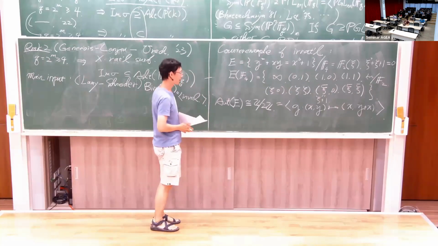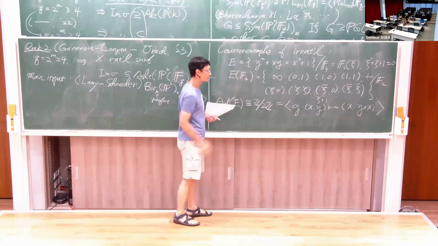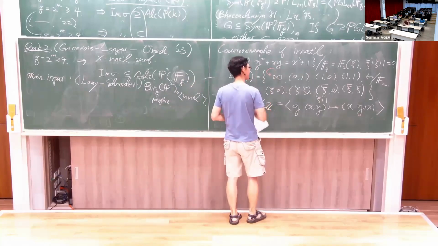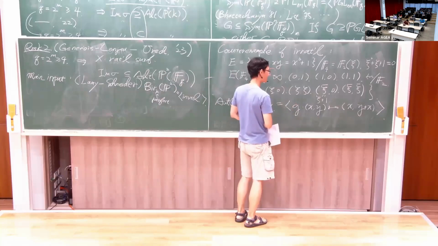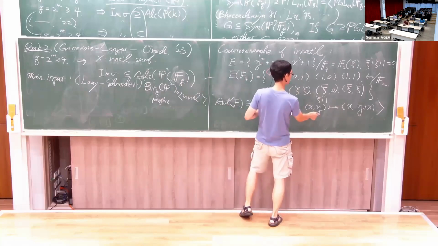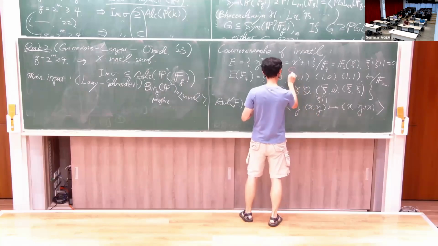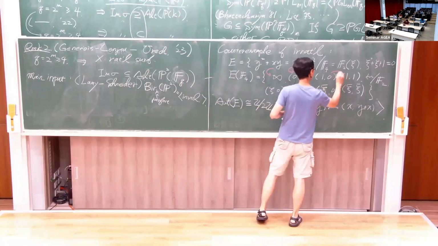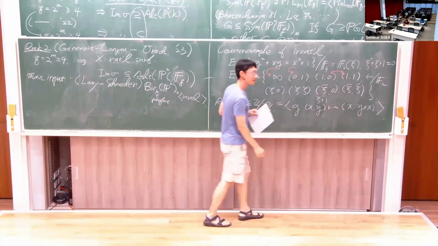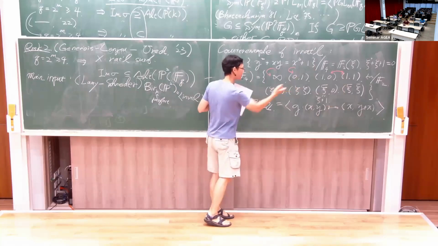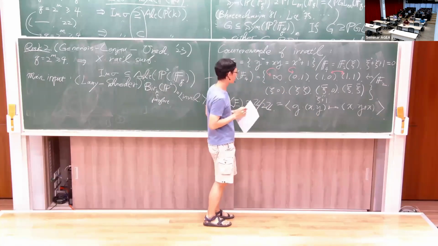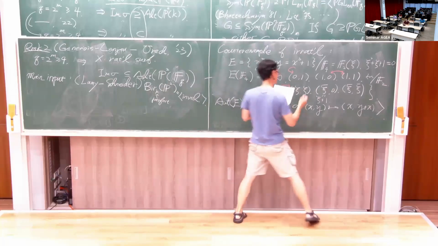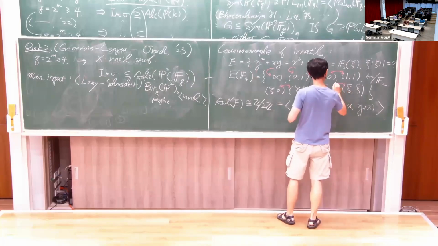Okay, and if you plug in these points, for example, infinity will still be infinity, it's fixed. (0, 1) is mapped to (0, 1), so it's still fixed. (1, 0) is mapped to (1, 1), and (1, 1) is mapped back. And you can do the same thing for all the others with slightly more complicated computation. And you will see that it permutes these 2 points, and it permutes these 2 points.